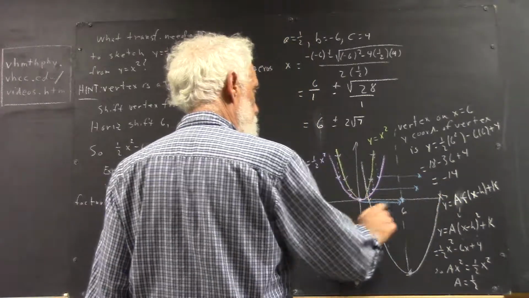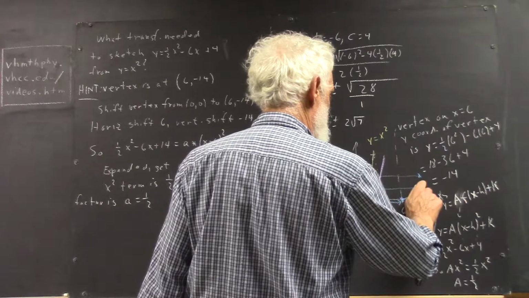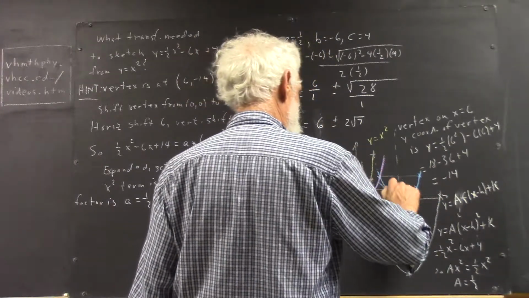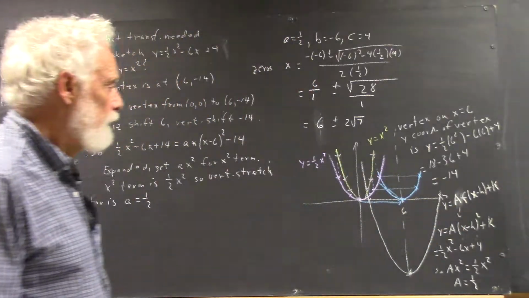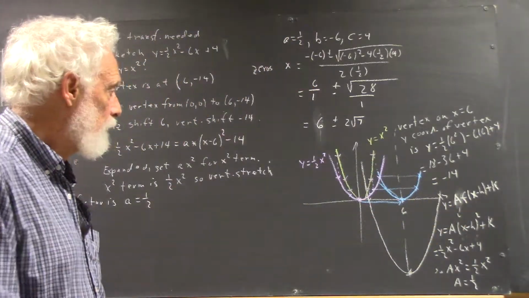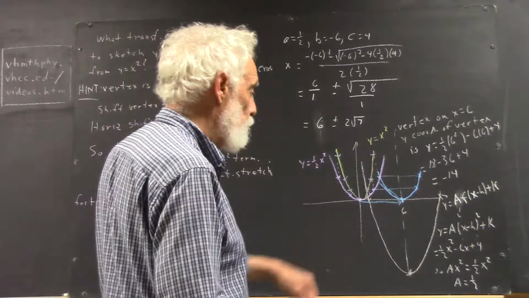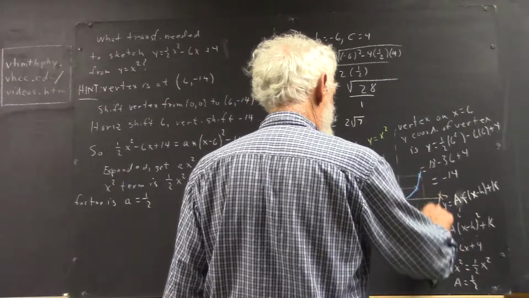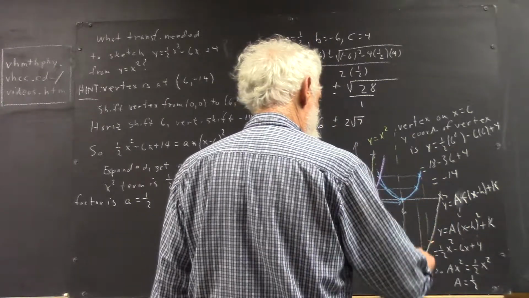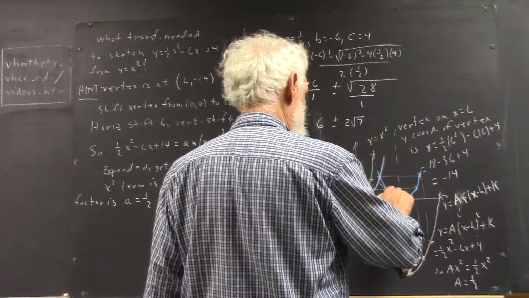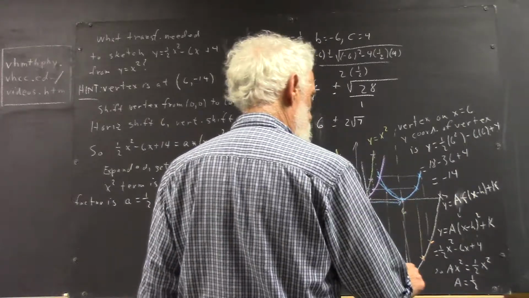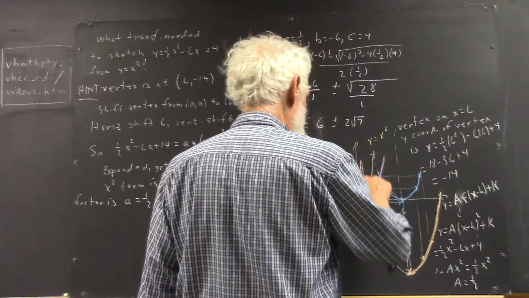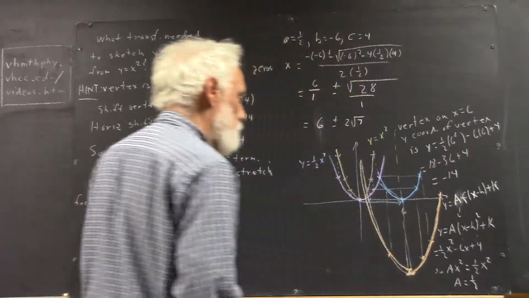Now I'd shift each of these points. It's a little hard to draw backwards. Okay, I get this. Then I shift each of these points down 14 units, and I get points on this curve.